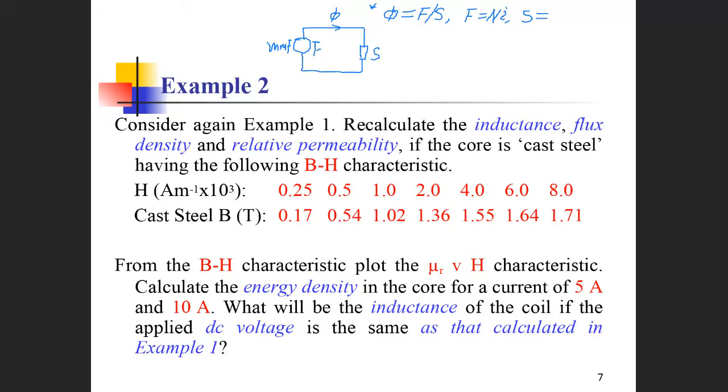Generally, the longer the coil, the bigger the reluctance.